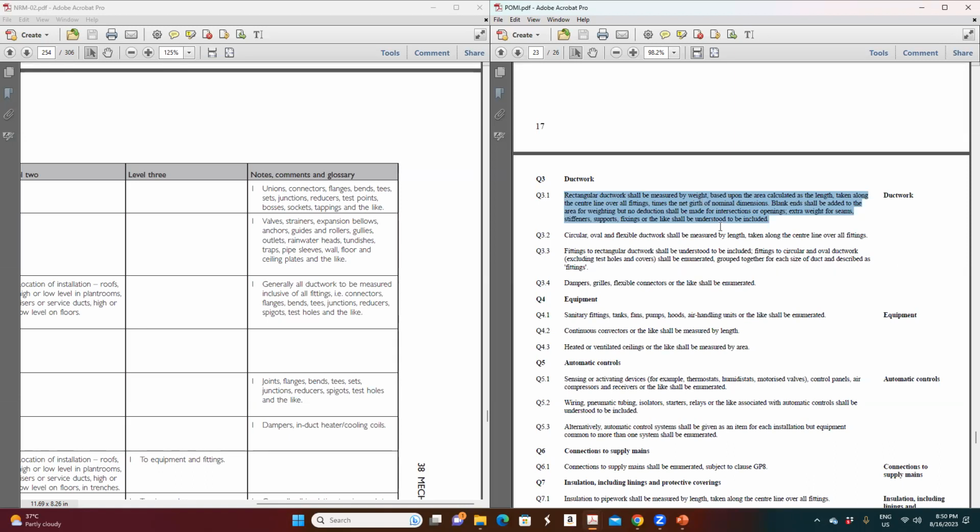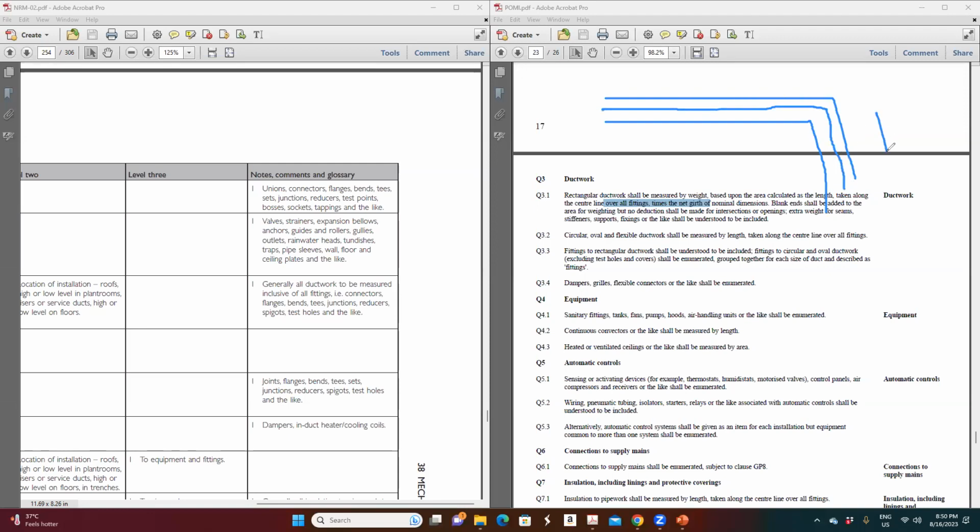So metal has to be measured by weight based upon the area calculated as the length and girth, taking along the center line of the overall fittings, including fittings and everything. For example, you have a duct like this. What they are telling is, take the measurement through the center line and multiply it by the duct sheet. If you just open the duct sheet, it will be like this, no?